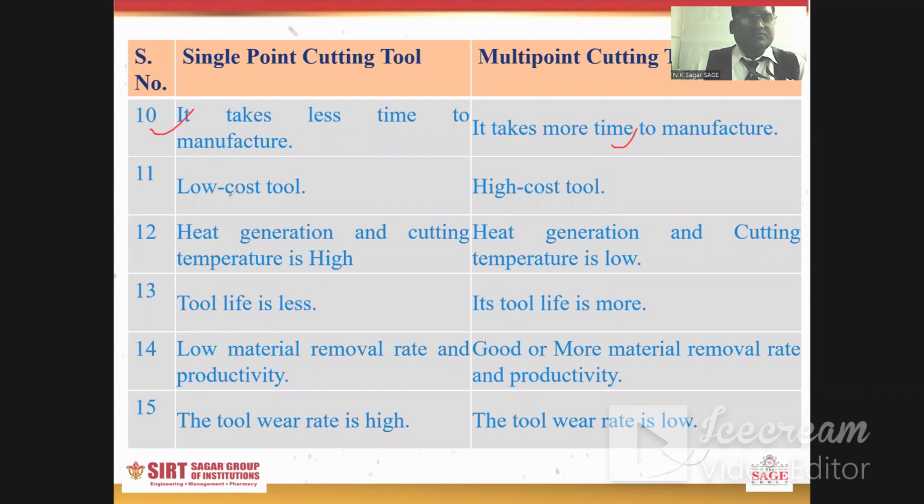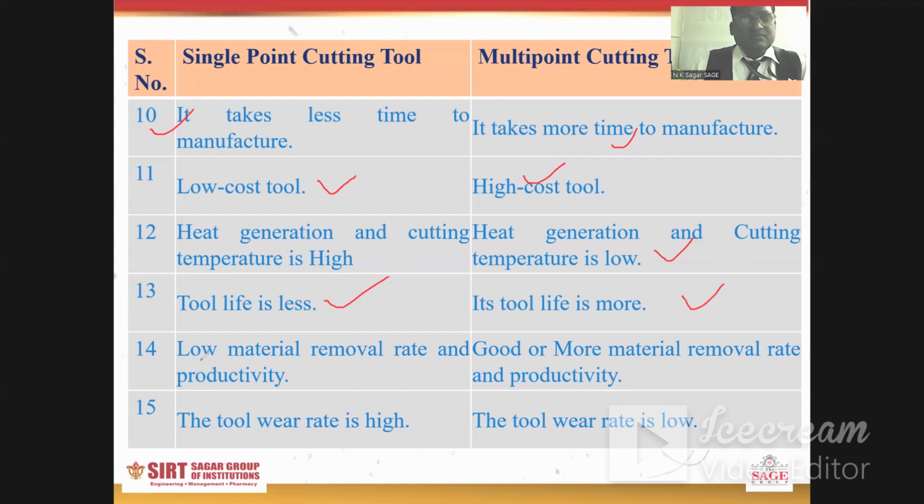In single point cutting tool, it has low cost. And multi-point cutting tool has high cost. Heat generation and cutting temperature is high in single point cutting tool. Heat generation and cutting temperature is low in multi-point cutting tool. In single point cutting tool, tool life is less. In multi-point cutting tool, the tool life is more.